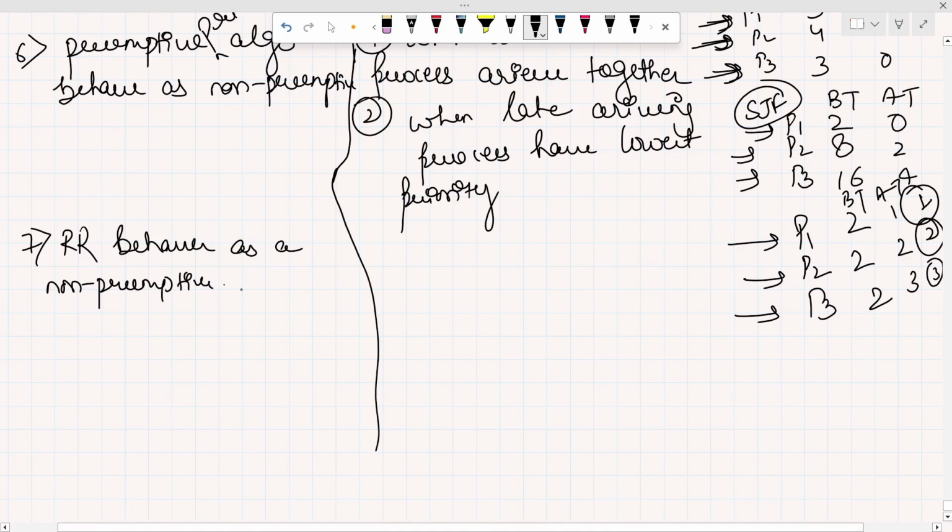If your answer is no, it means you have not understood the round robin scheduling algorithm well.